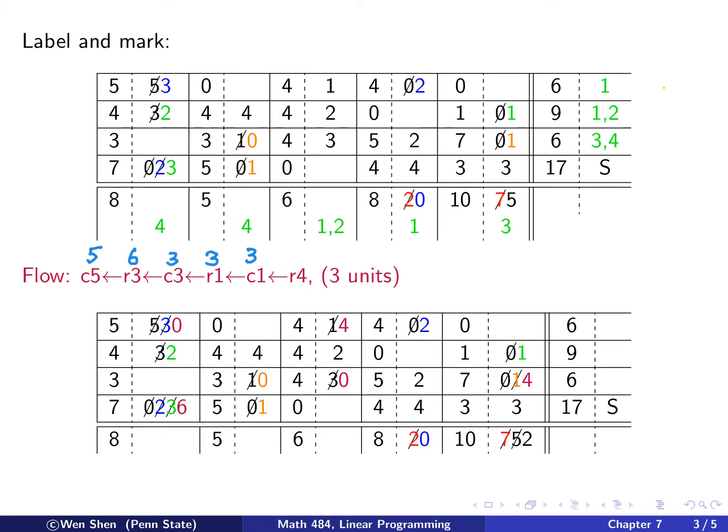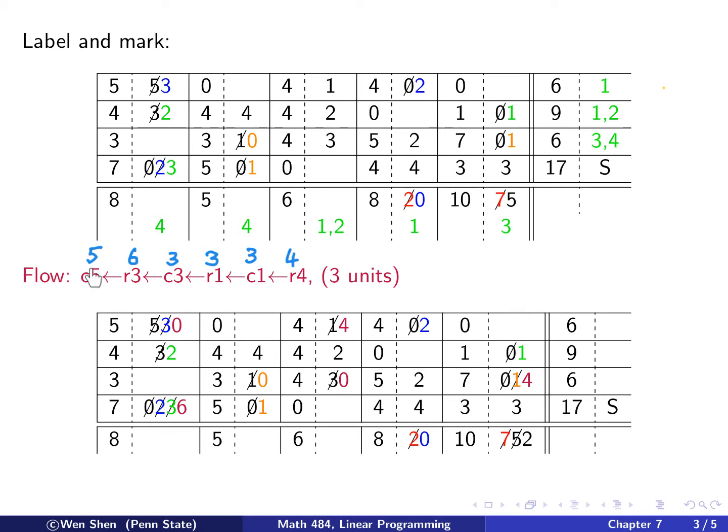And then the last one is row 4. Row 4 is here. How much can I increase? The maximum is 7, and I carry 3, so the max is 4. So I label that there.